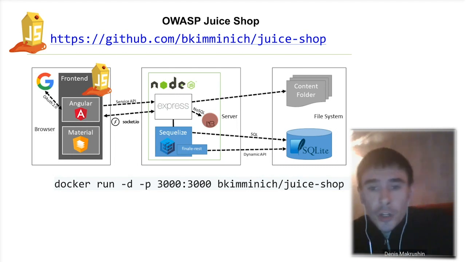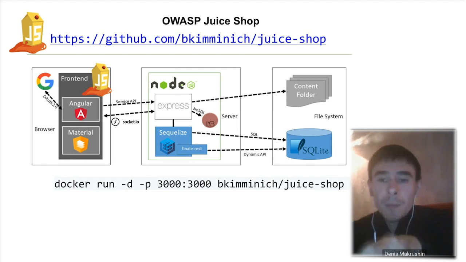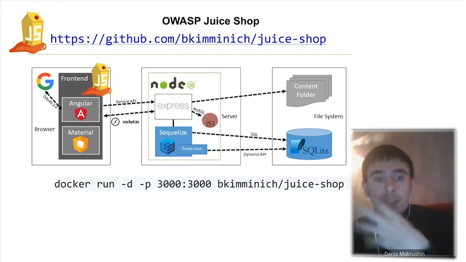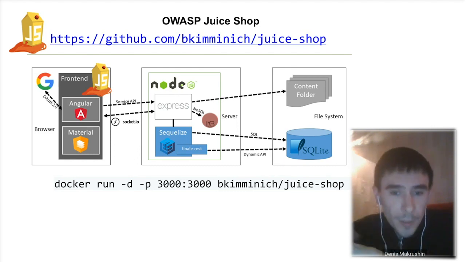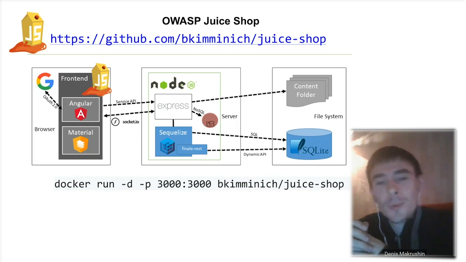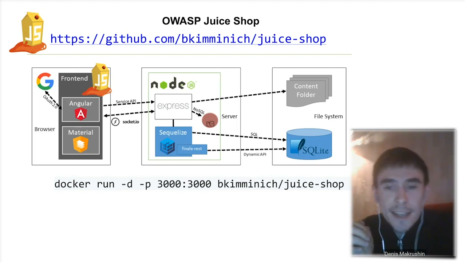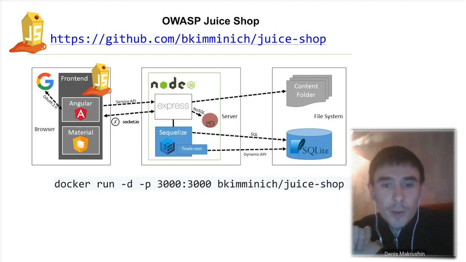You can see the architecture that consists of the main blocks of the application. It's a pretty modern application, not the classic stuff where you can find stored XSS or trivial attacks from the books. It's a modern application that consists of modern parts like AngularJS, Node.js, and Mongo or SQLite.